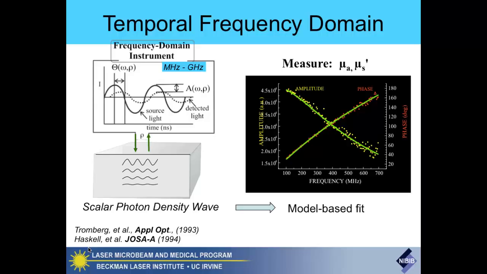So what must that model contain in order for me to get those fits? What are the components in the model that are important? I actually just told you. So this is a model-based fit. The dots are the measured points, and then the lines are the fit to the model. So the model, which is derived from the transport equation and a diffusion approximation, if you look at the terms like phase equals, amplitude equals, in there are absorption and scattering.